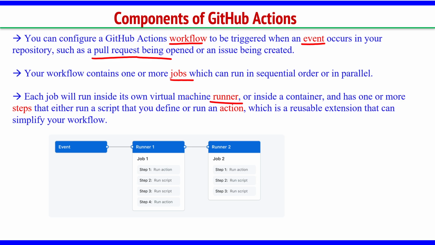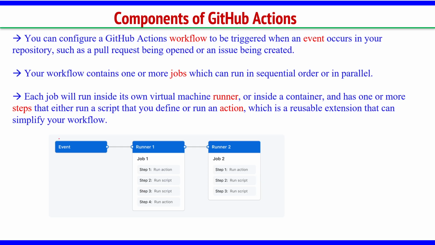So there is something called a runner. Okay, and it has one or more steps. The job will have one or more steps to be performed. Those steps could be either run some script or run an action. What is an action? It is a reusable extension that can simplify our workflow.